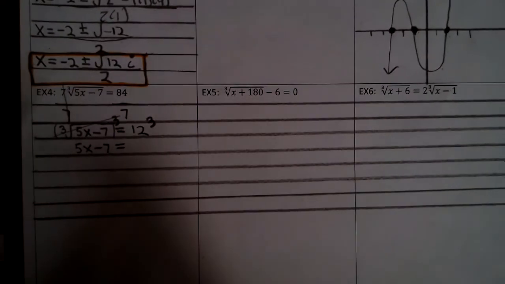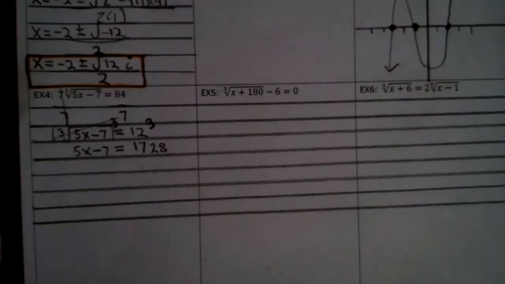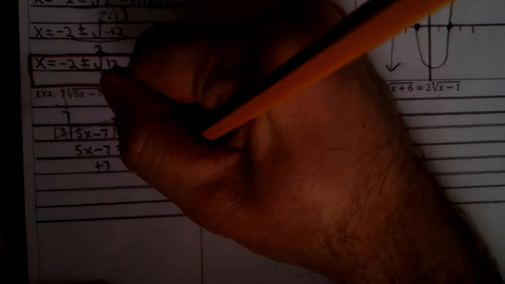Well, the cube and the cube root, they become power of 1. You get 5x minus 7 equals 12 cubed is 1,728. Add 7 to both sides. You get 5x equals 1,735. Divide both sides by 5.